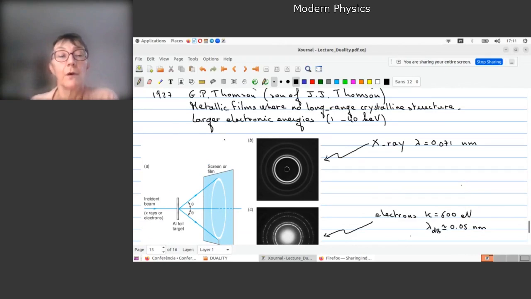Actually, it was more small pieces: you have some places where this is a very beautiful crystal, and here you have another one. So you have crystalline structure, but at short range. It's not at long range as in a Davisson-Germer experiment.